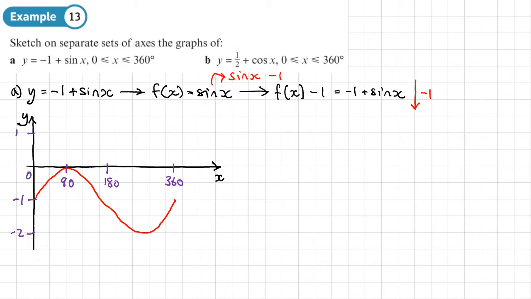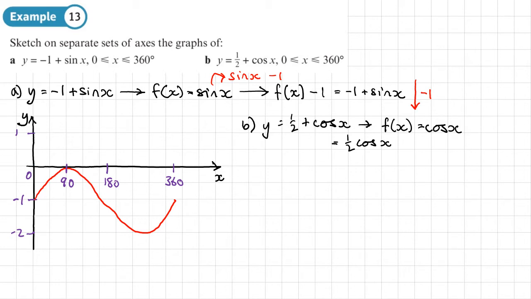Then we'll move on to part B, where we've got the graph of y equals half plus cos x. So again, if I say f of x equals cos x, then half plus cos x is f of x plus a half.